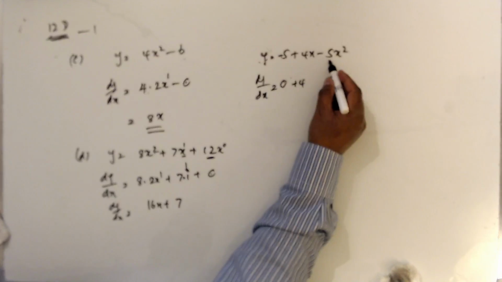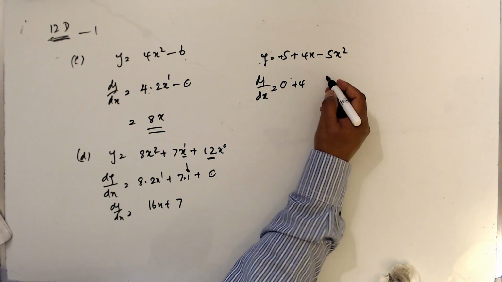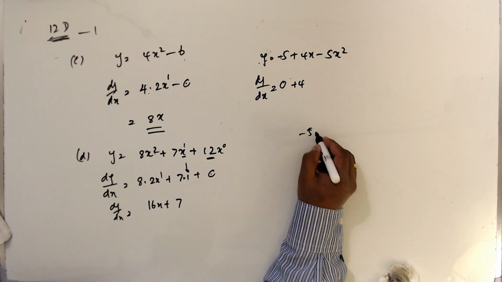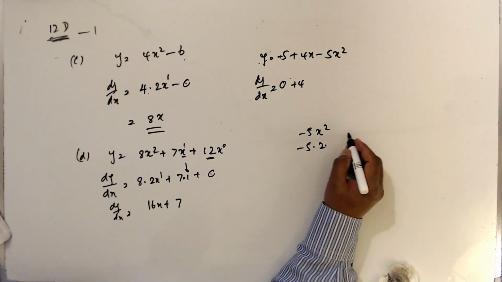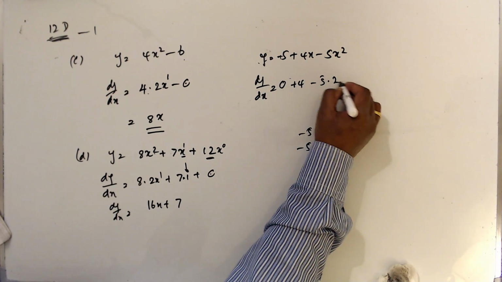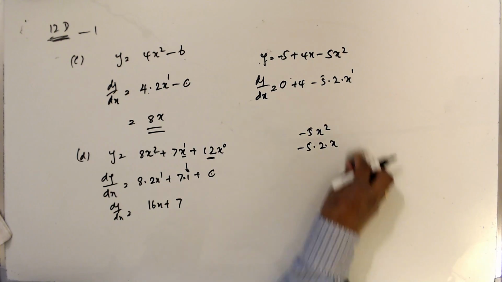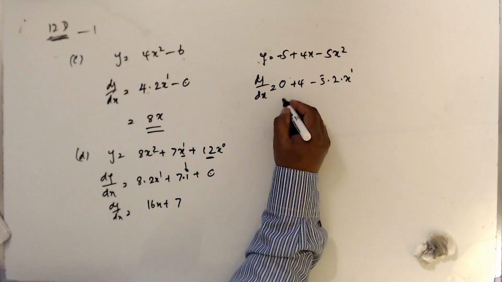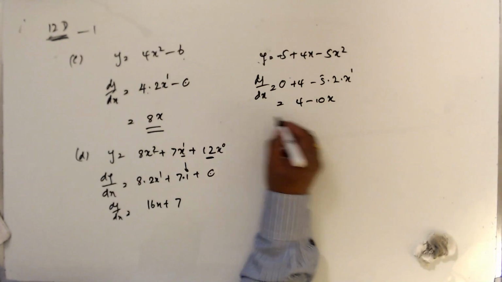And when you differentiate minus 5x squared, it is minus 5 times 2 times x to the 1. So this is 4 minus 10x.